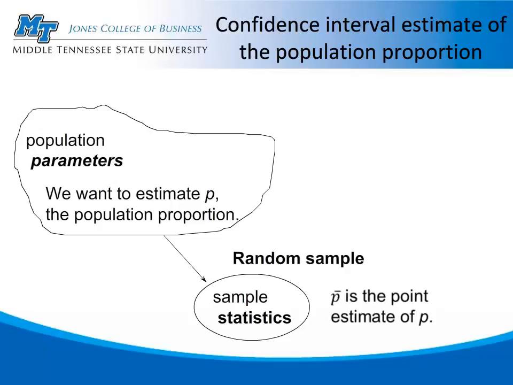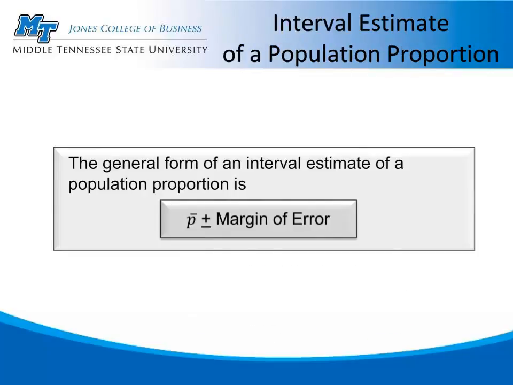Now the form is going to be the same as it was for the other two cases. We're going to have the point estimate plus or minus the margin of error. The point estimate for the population proportion is P bar, and you add and subtract the margin of error for the interval estimate.